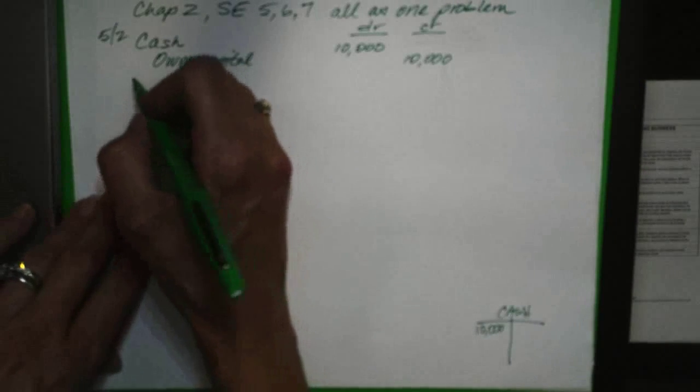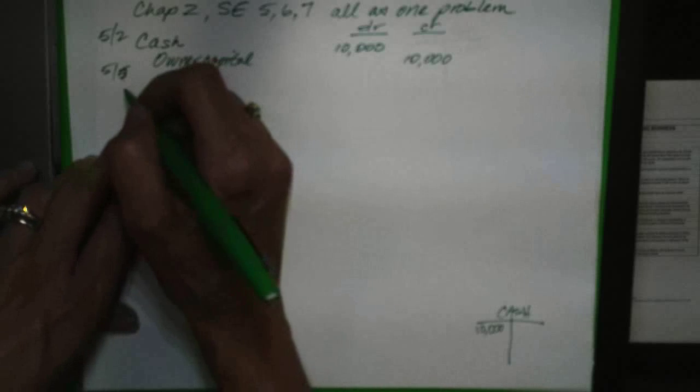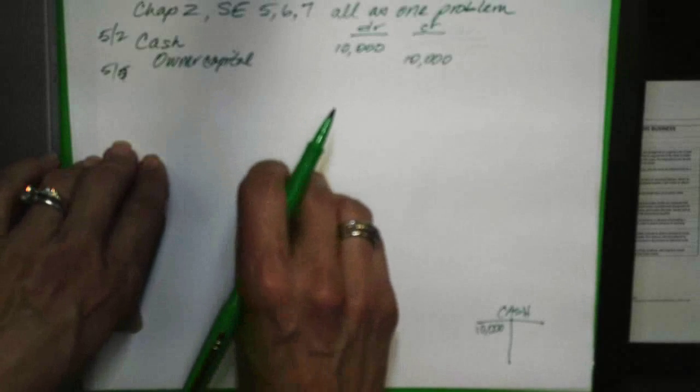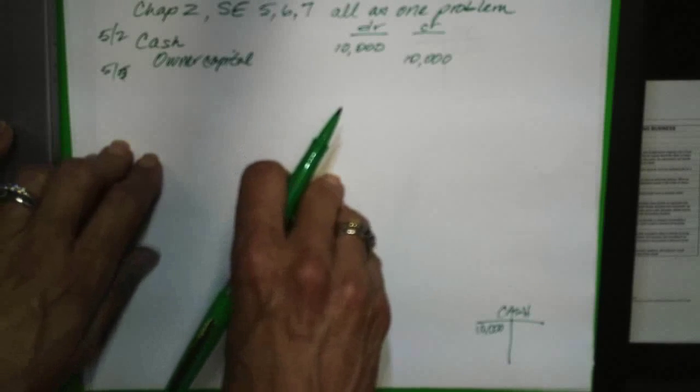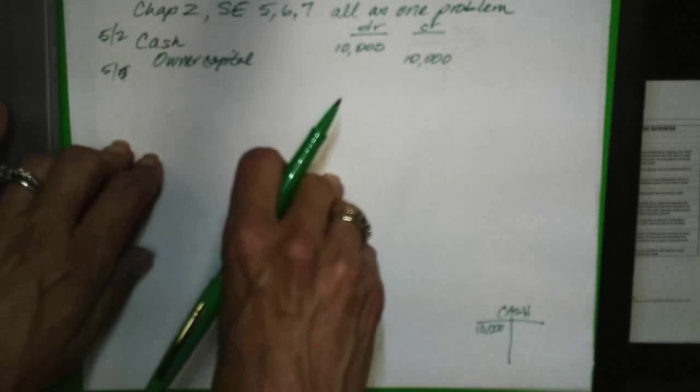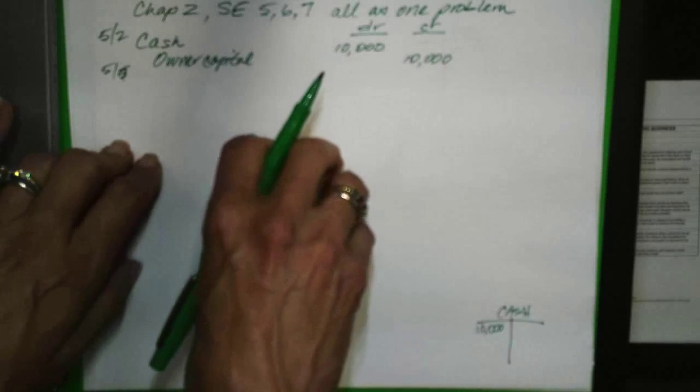Okay, on May 7th, or May 5th, sorry, we purchased a computer for $5,000 in cash. Well, that computer is something we're going to use in the business for a long time. That computer is an asset. We are using it in the business.